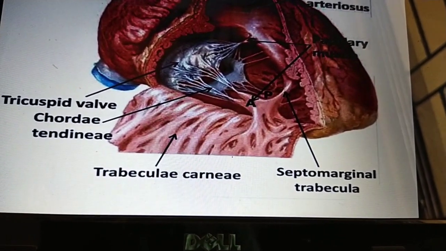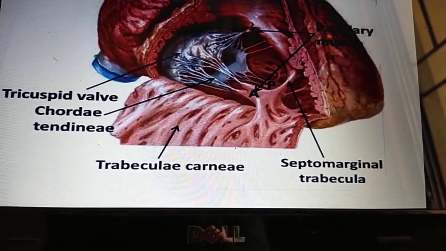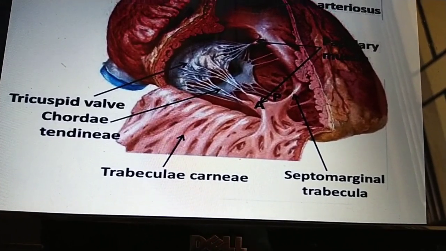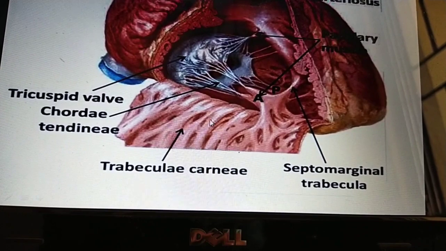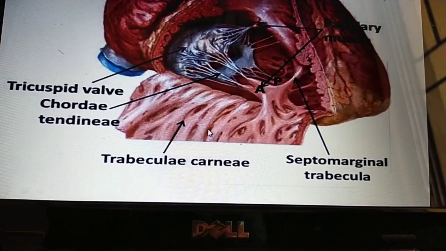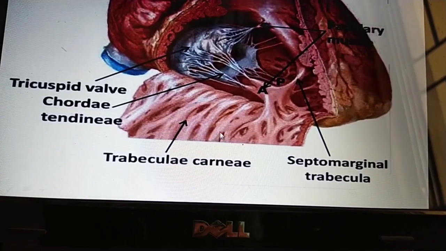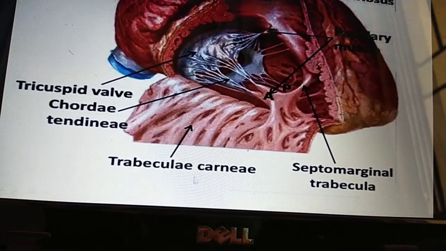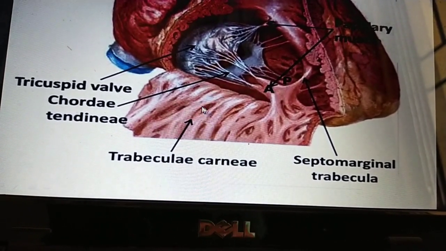And what is meant by the trabeculae carneae? Trabeculae carneae are also called columnae carneae or meaty ridges. You can see here, these are the trabeculae carneae. In a simple way, these are fixed ridges or round projections of the inner surface of the ventricles.